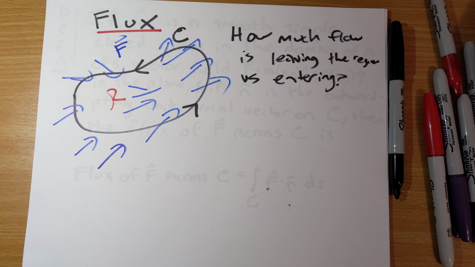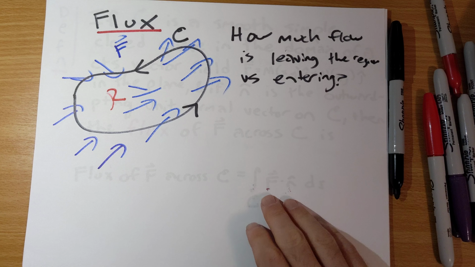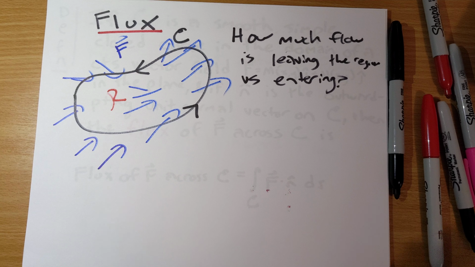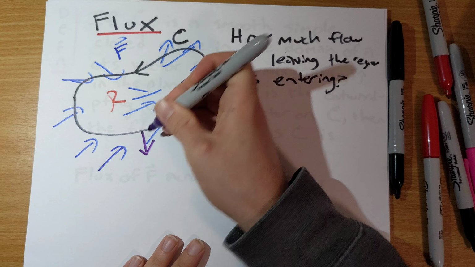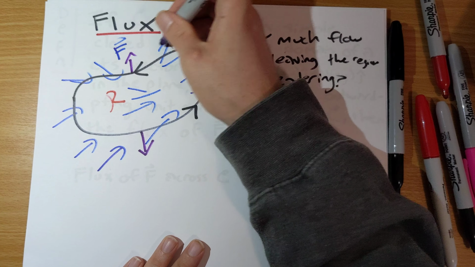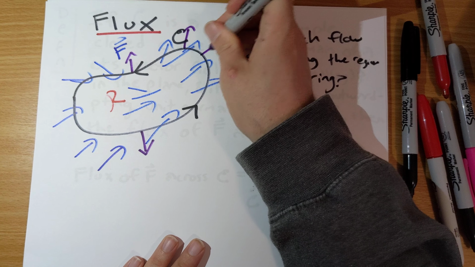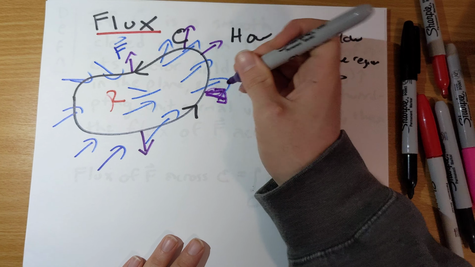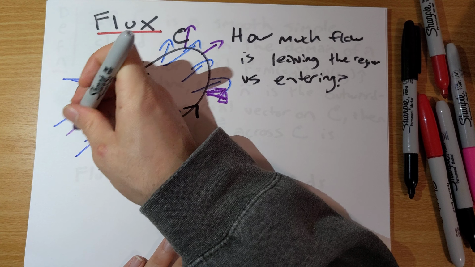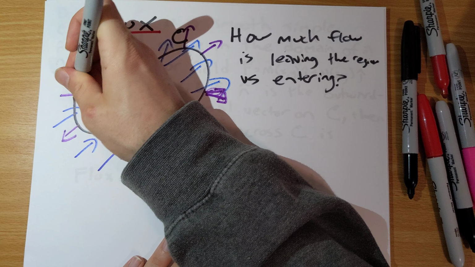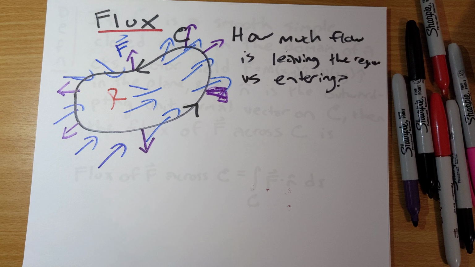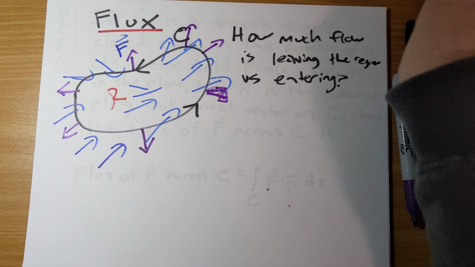And so the idea is that in order to do this, we're going to think about taking the dot product of, oops, that's not a very good arrow here. Okay, what am I drawing? What I'm drawing are outward pointing normal vectors.